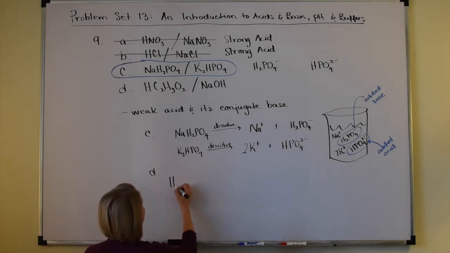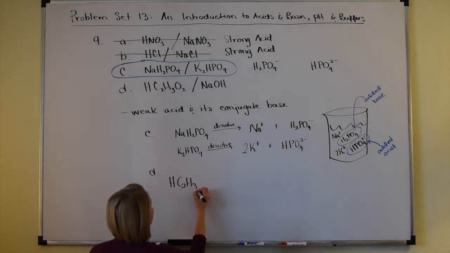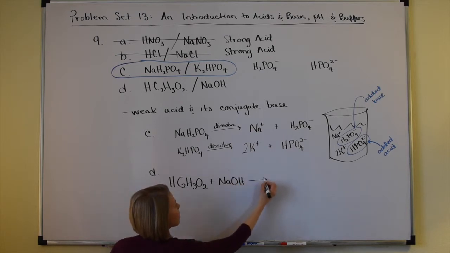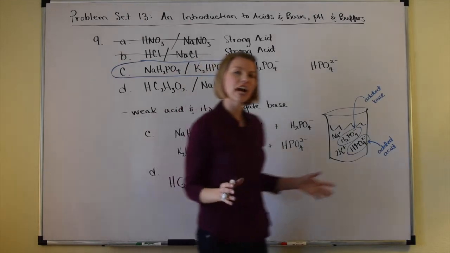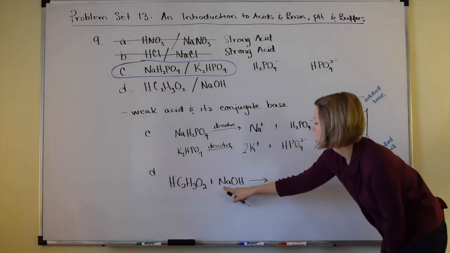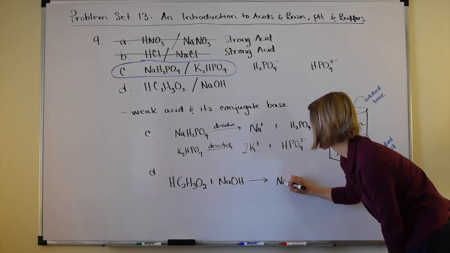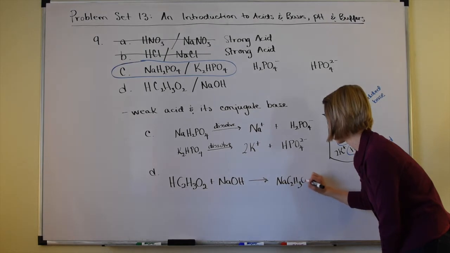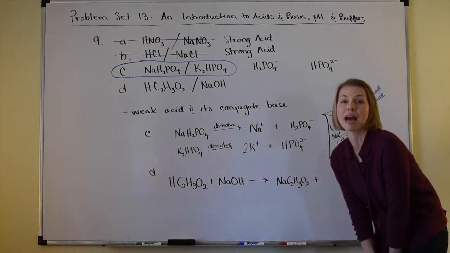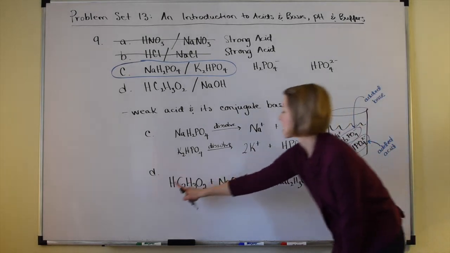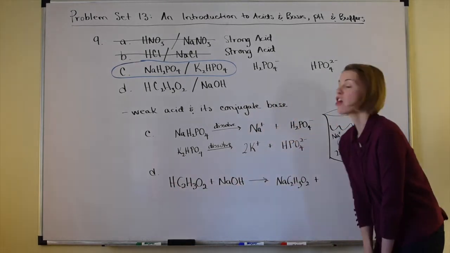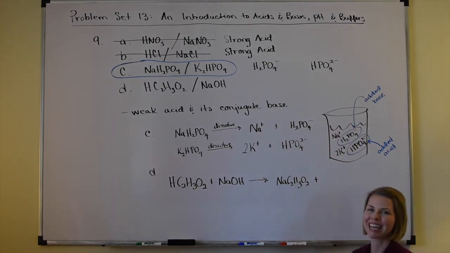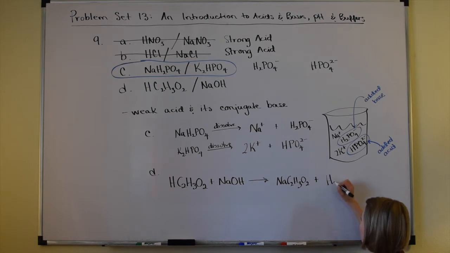Okay, we're going to get acetic acid and sodium hydroxide reacting in a neutralization reaction to create just a salt and water, cation of the base, anion of the acid, gives us sodium acetate for our salt, and the acidic hydrogen combining with the hydroxide anion will give us HOH, or in other words, H2O, water.